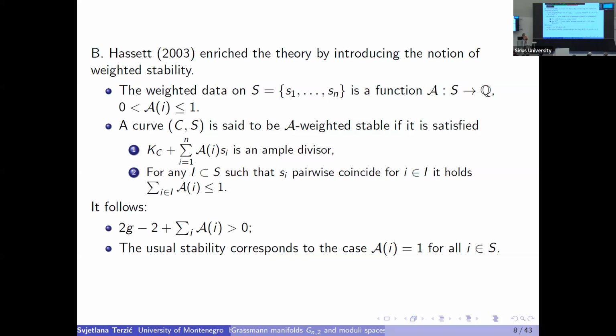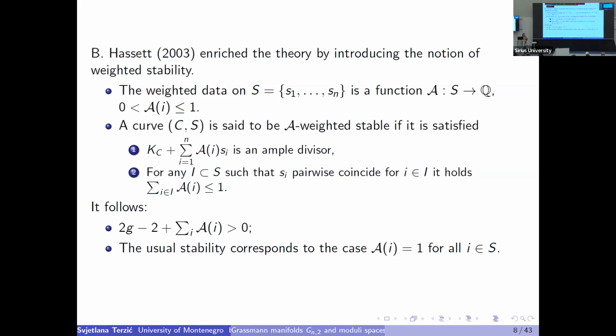So to each point he assigned a weight which is bigger than 0 and less or equal to 1. And he defined the curve to be A-weighted stable if it satisfies a generalization of the third condition, that K_C plus the sum of a_i s_i is an ample divisor. So now any point s_i is multiplied by its weight a_i.